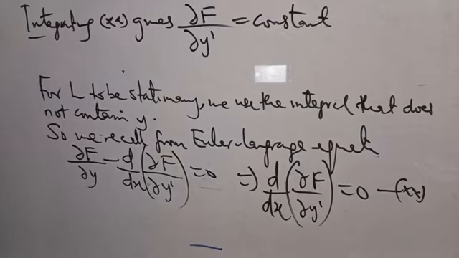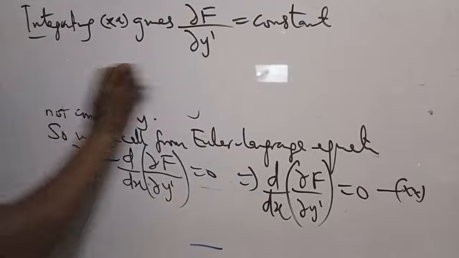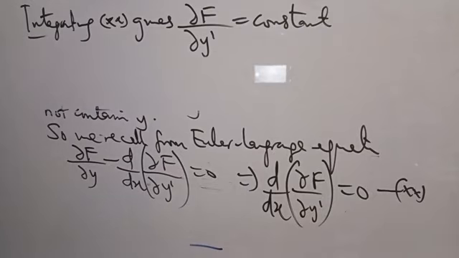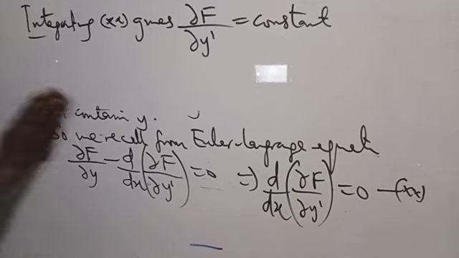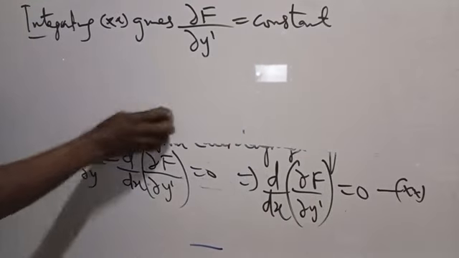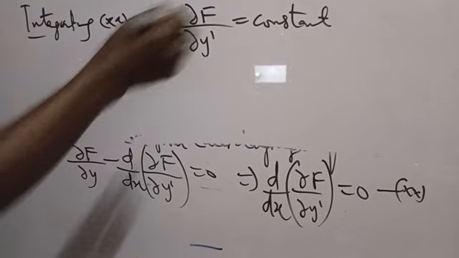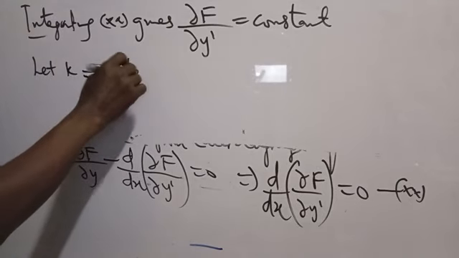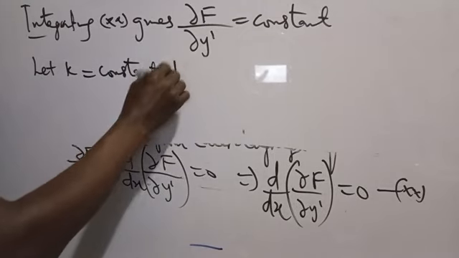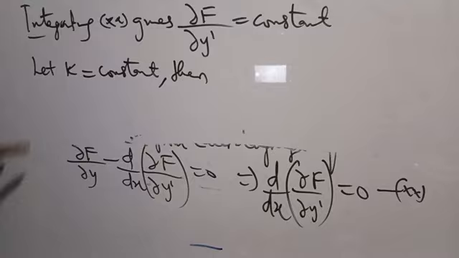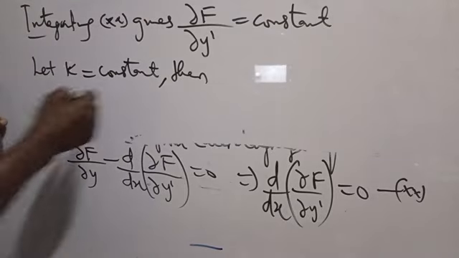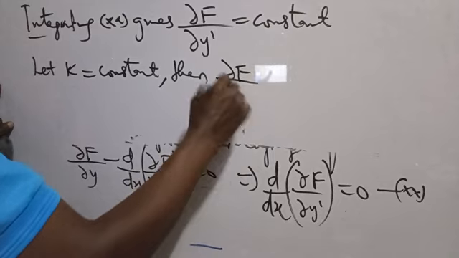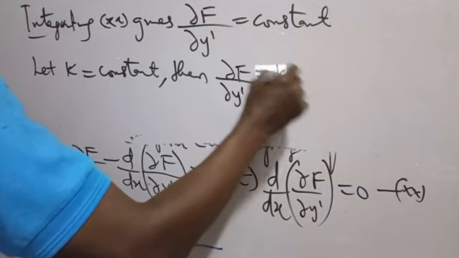Now, let's continue. So let k be our constant. We just assume that k is an arbitrary constant. You can use anything to represent that. Then the partial derivative of f with respect to y prime is equal to k.